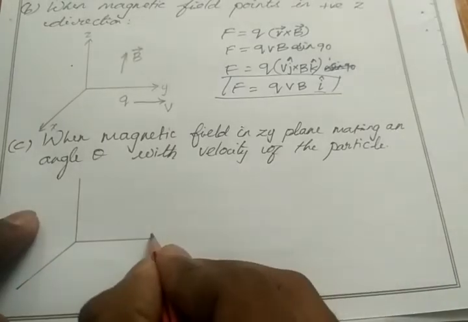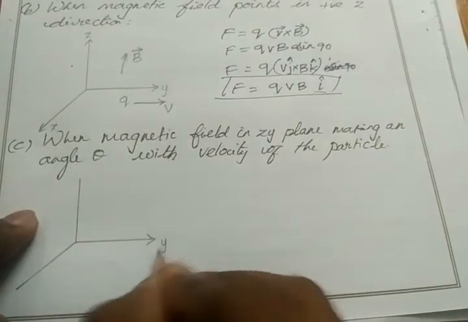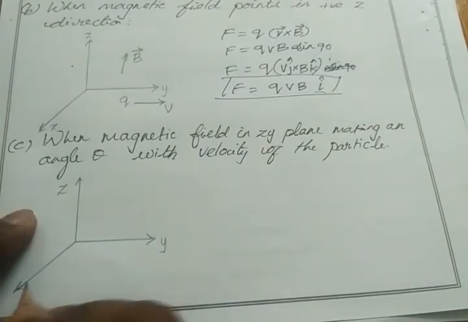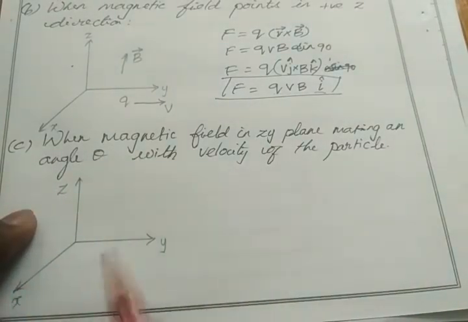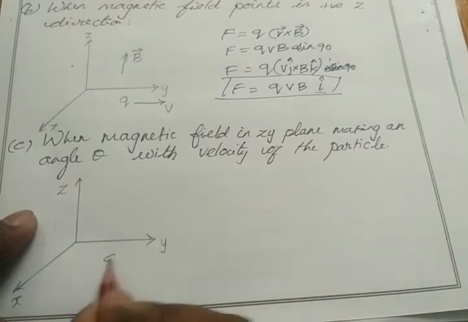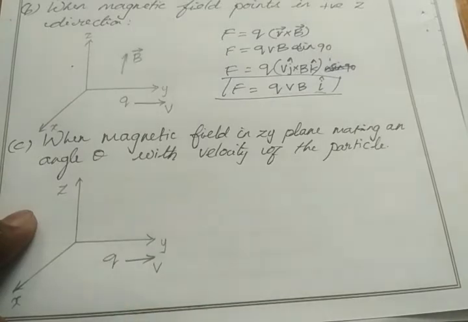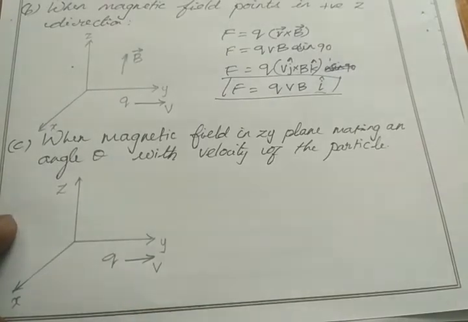So third one. This is my positive y axis, positive z, positive x. As I said already, charge is moving along positive y axis. So this is motion of charge.